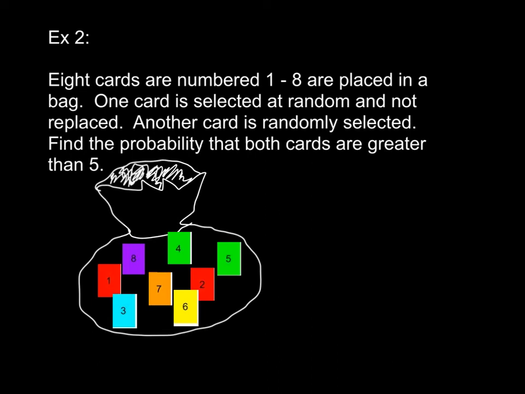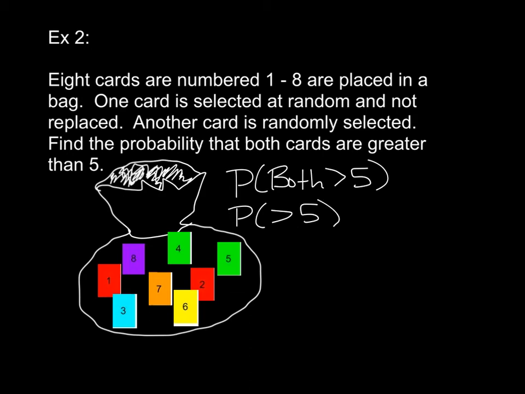So the probability that both are greater than 5, which means we have two different possibilities. The first event is the probability greater than 5 times the probability that is greater than 5.